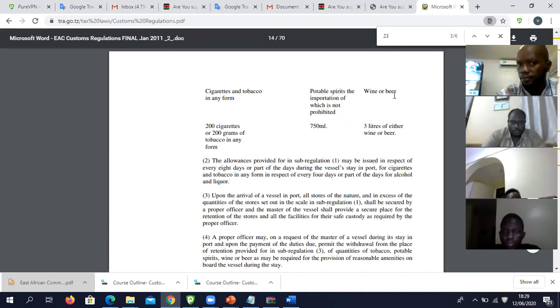Wines or beer. So under cigarettes, you'd have 200 cigarettes or 200 grams of tobacco in any form. Under portable spirits, it'd be allowed 750 ml. Then wine and beers, he or she may be allowed 3 liters of either wine or beer.